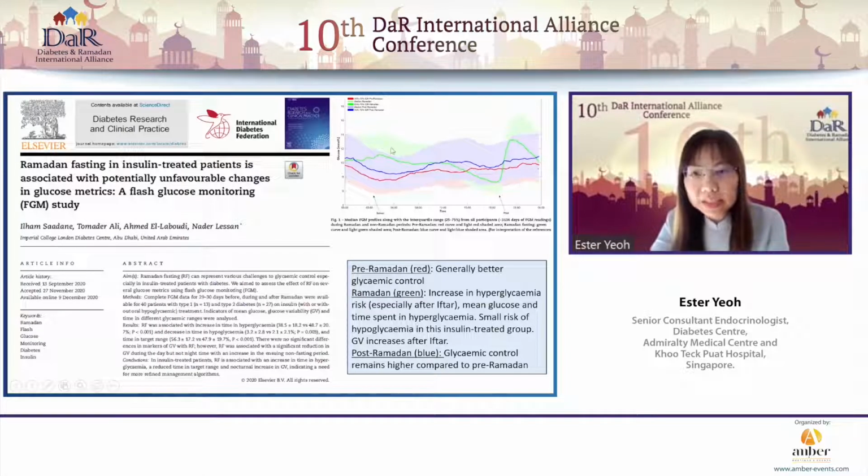The Ramadan period is in green, with an increase in hyperglycemia risk, especially after iftar, similar to the earlier study, in mean glucose as well as time spent in hyperglycemia. There was a small risk of hypoglycemia in this insulin-treated group, and an increase in glycemic variability, particularly after the iftar period. The post-Ramadan period is shown in blue, and glycemic control remained higher compared to the pre-Ramadan period.